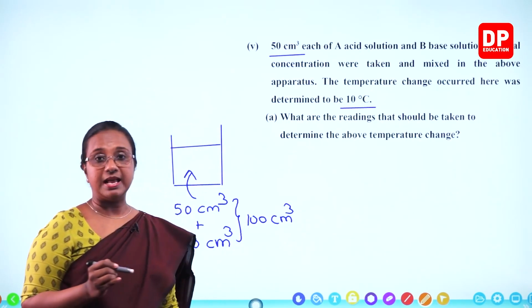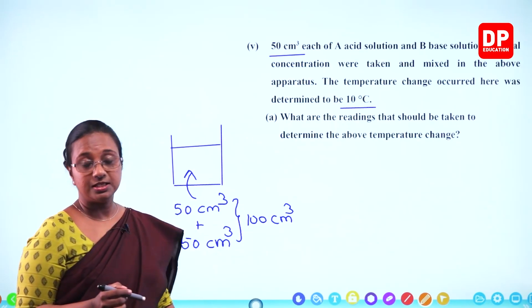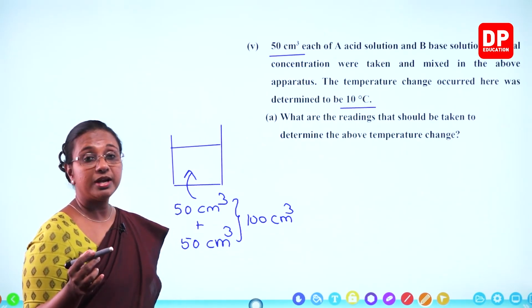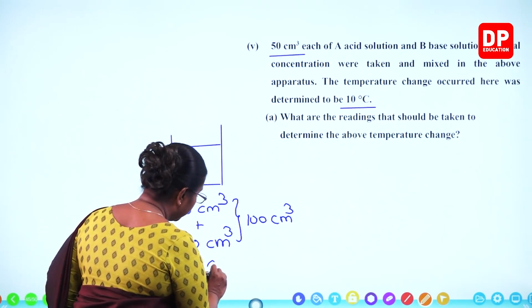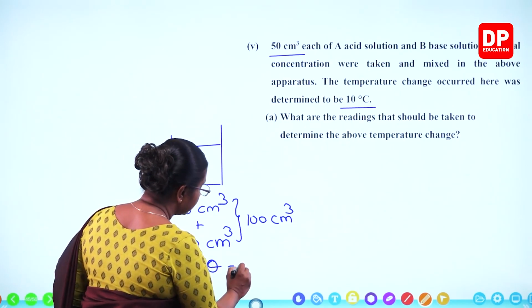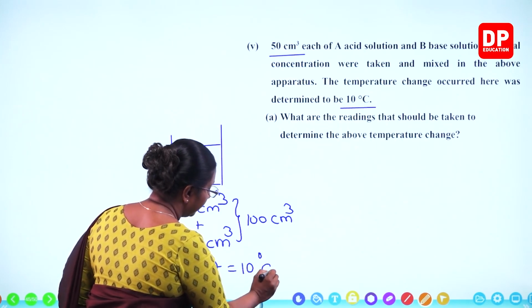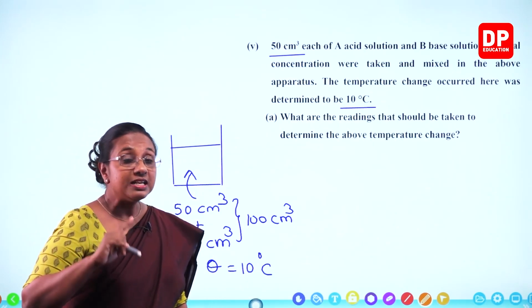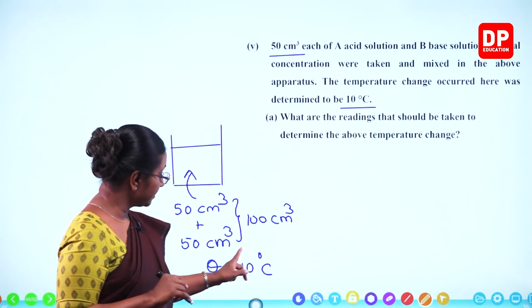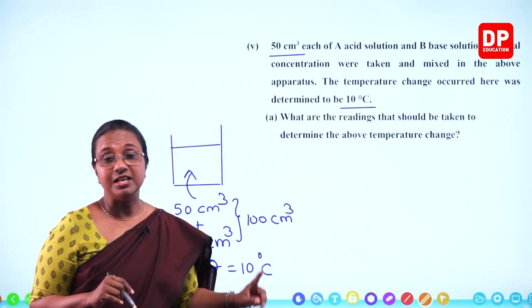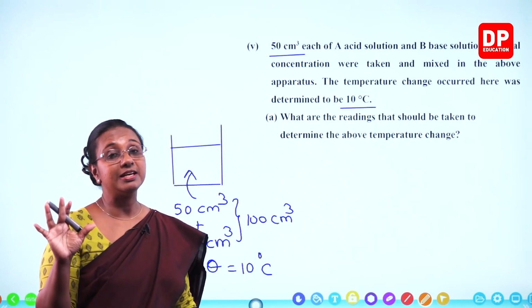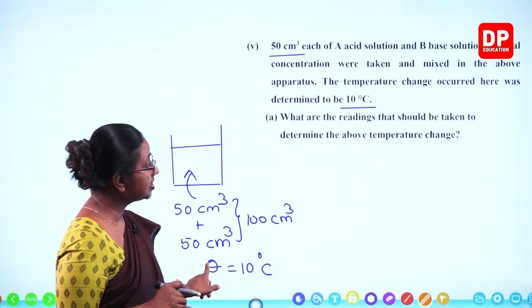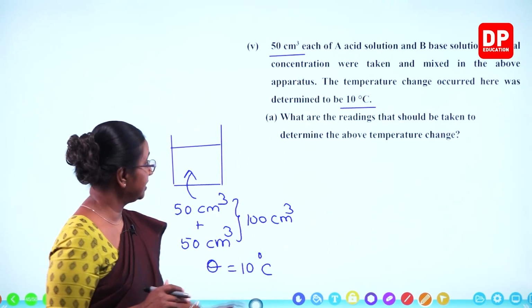You need to keep that in mind, 100 centimeter cube. And the change in temperature, normally when we do calculation, what we write as theta is given to us as 10 degrees Celsius. And you all know, students, normally temperature change in Celsius and Kelvin is equal, only when considering the change. So 10 degrees Celsius is the change in temperature, that is theta.